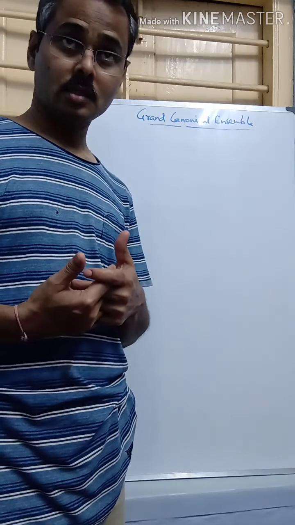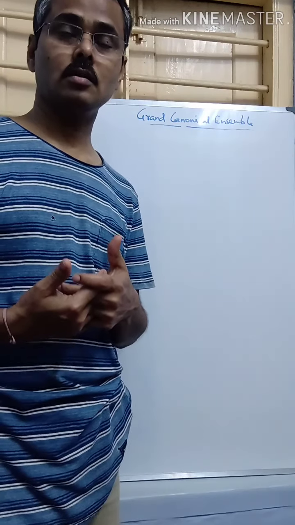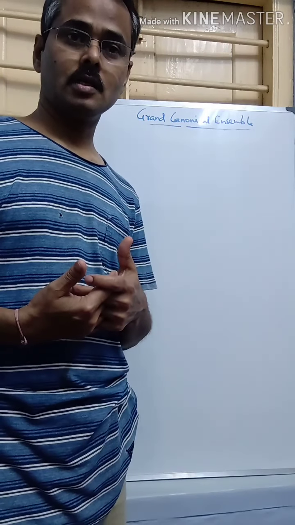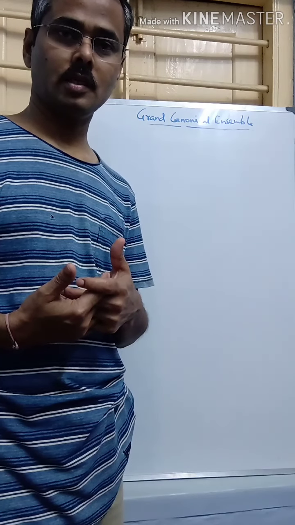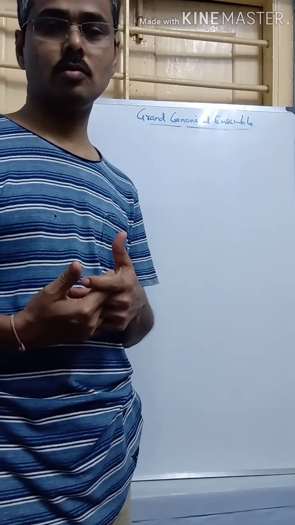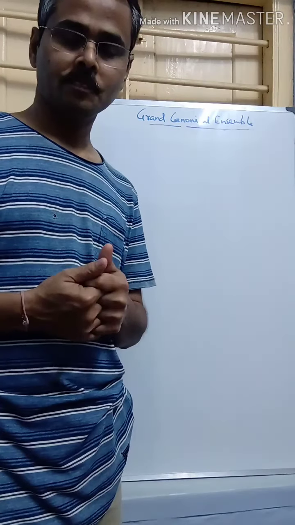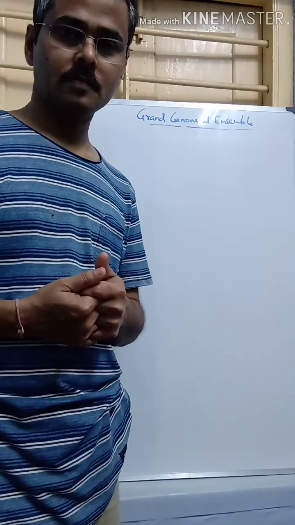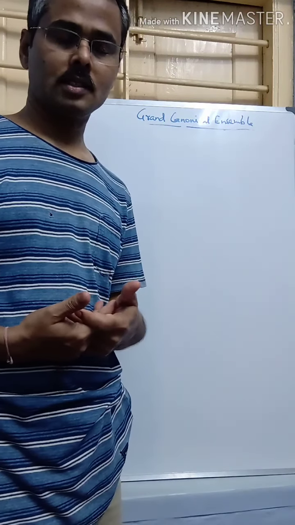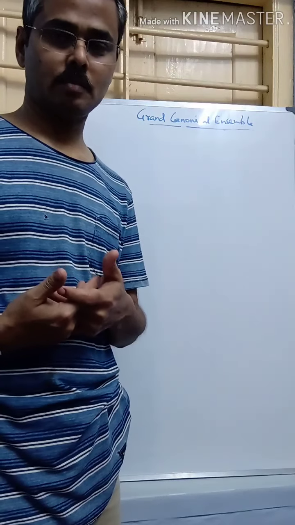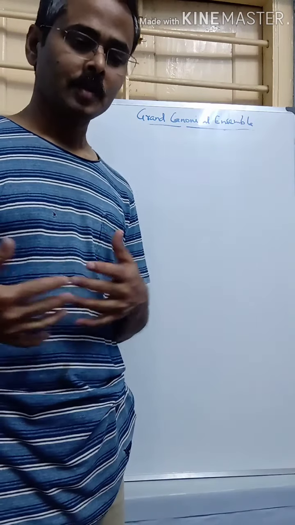So in the grand canonical ensemble, we have two variables which are varying: the number of particles from 0 to infinity, and the energy from 0 to infinity. For that we introduce two new parameters. One is mu, the chemical potential, or z, the fugacity. For varying energy we have the temperature, which remains constant for a given situation under equilibrium.